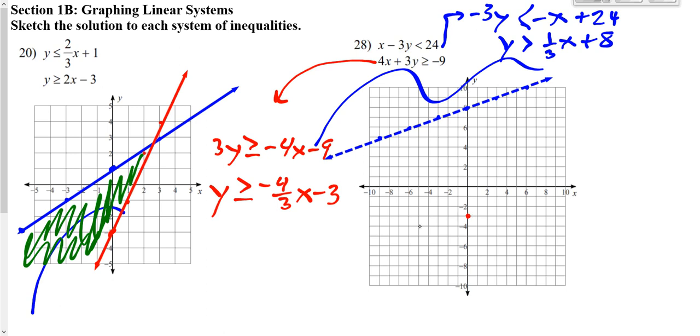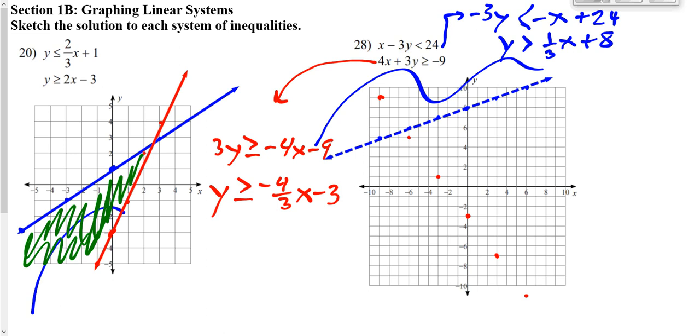Your slope is rise over run, what's in front of x, so down 4 and right 3. Or we can go up 4, left 3. And then draw in your line.